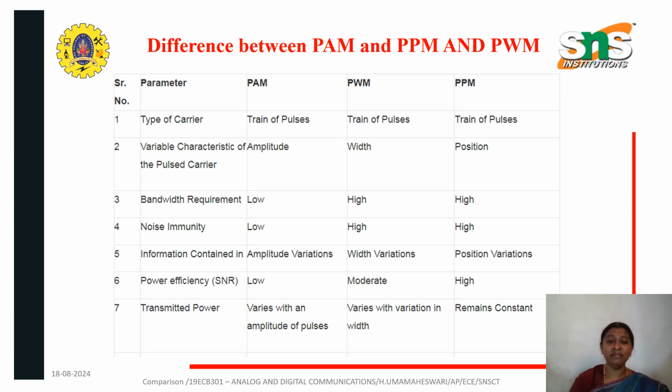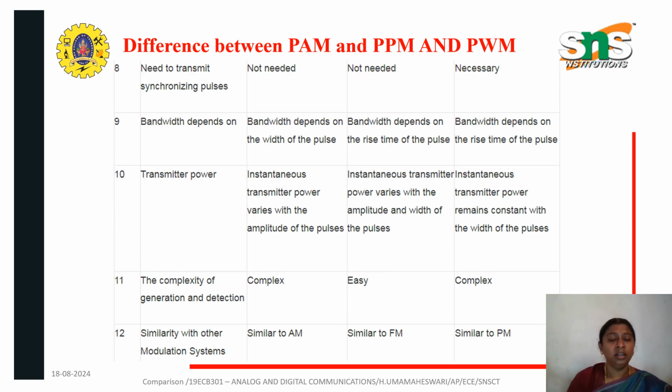The transmitted power varies with respect to the amplitude of the pulses in PAM, varies with the pulse width in PWM, and in PPM it remains constant. Synchronizing pulses for transmission are not needed in PAM and PWM, but they are needed in pulse position modulation. The bandwidth depends on the width of the pulse in PAM.